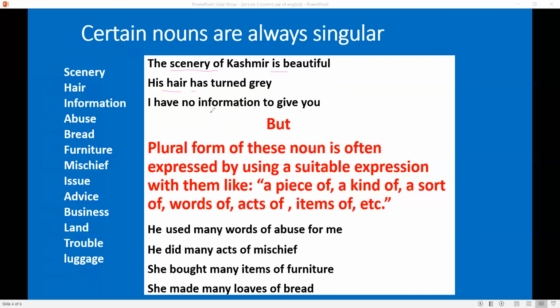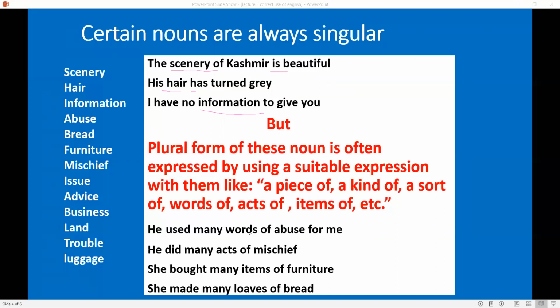I have no information. You cannot use them in plural form in any case. But the plural form of these nouns is often expressed by using a suitable expression with them, like a piece of, a kind of, a sort of, words of, acts of, or items of. We can use these phrases with them to show plurality.